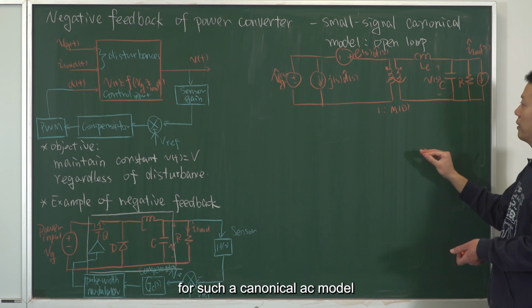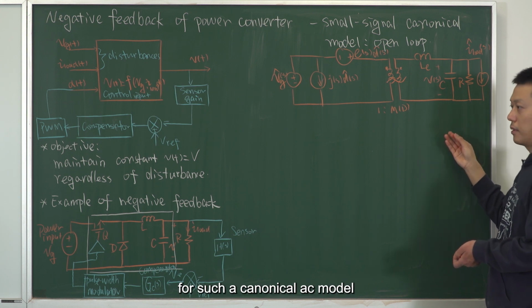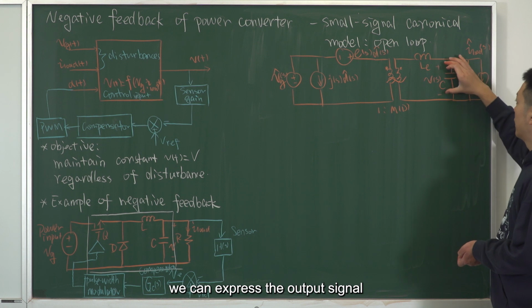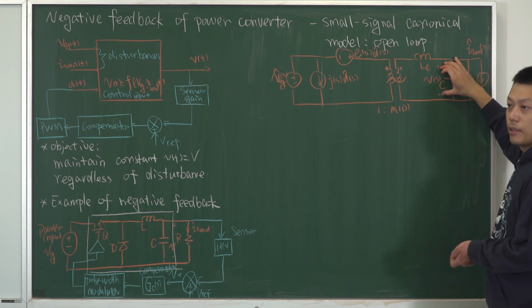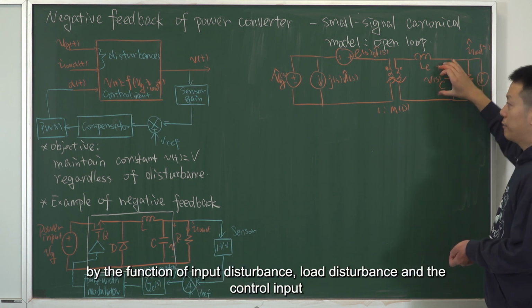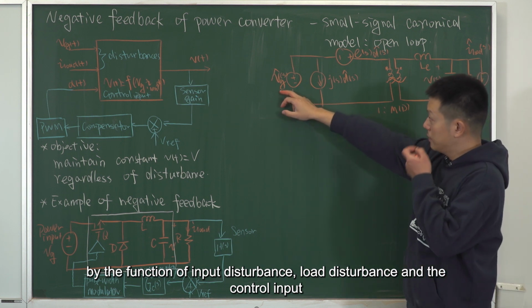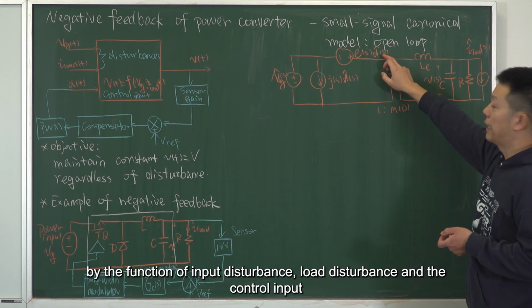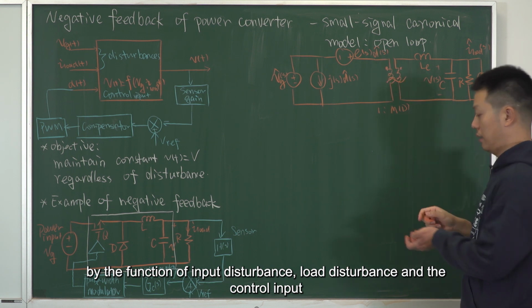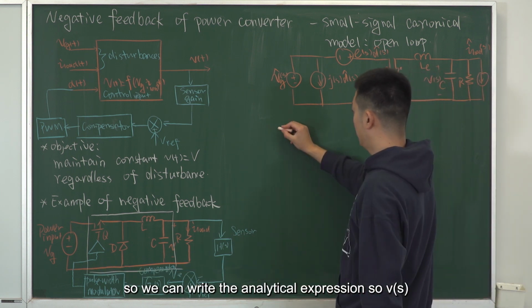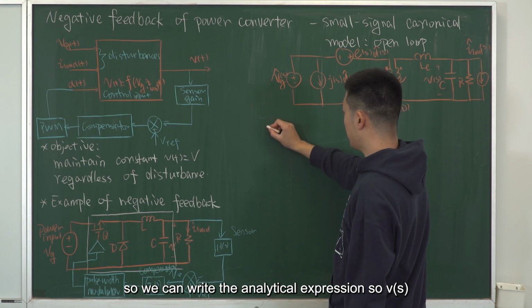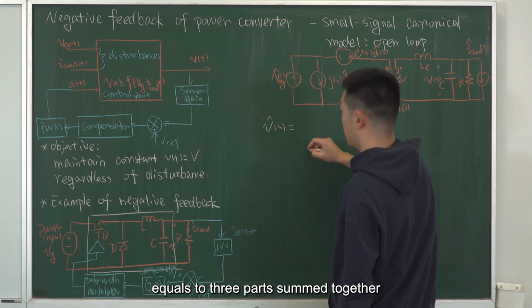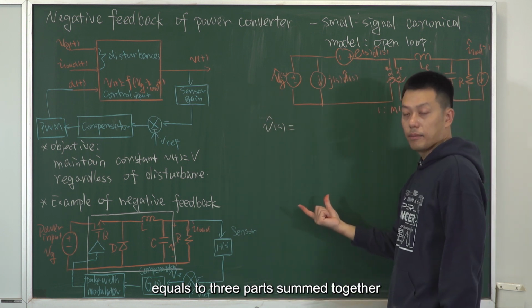For such a canonical AC model, we can express the output signal as a function of the input disturbance, load disturbance, and the control input. So we can write the analytical expression: Vs equals three parts summed together.